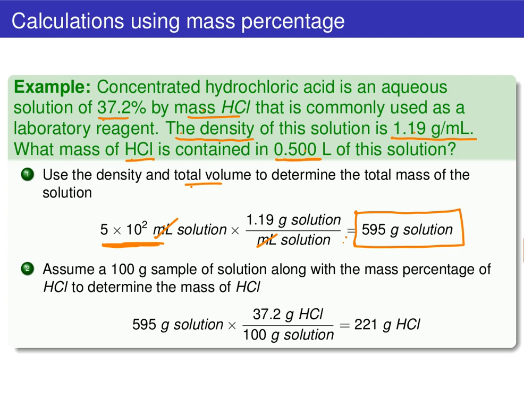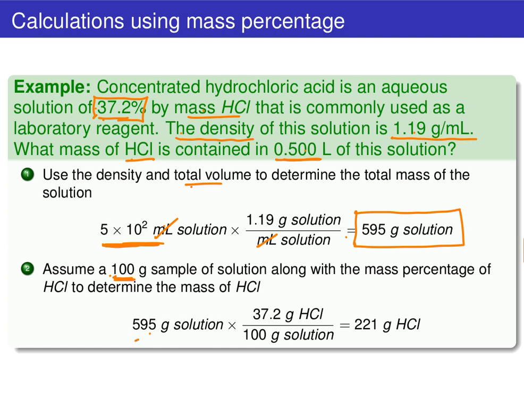Now, we know that this solution is 37.2% by mass HCl, which means if I were to assume a 100 gram sample, then I know that in that 100 gram sample, there will be 37.2 grams of HCl.